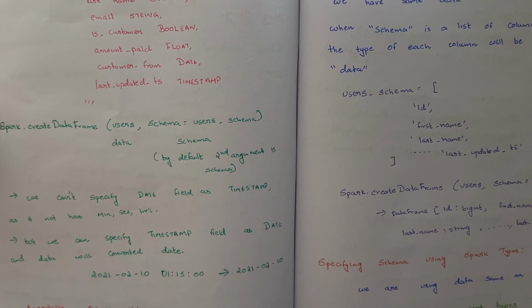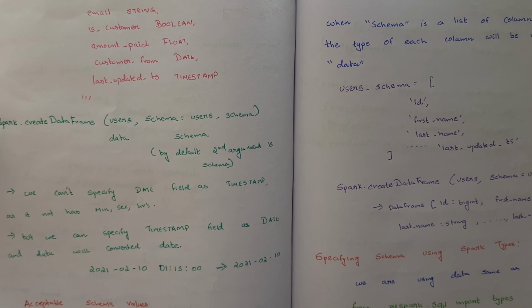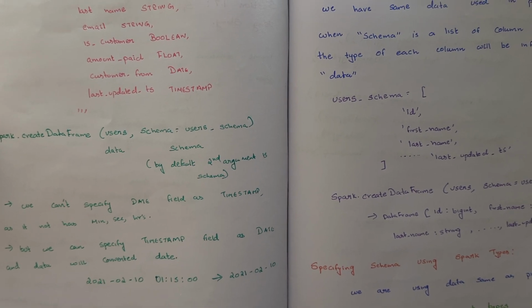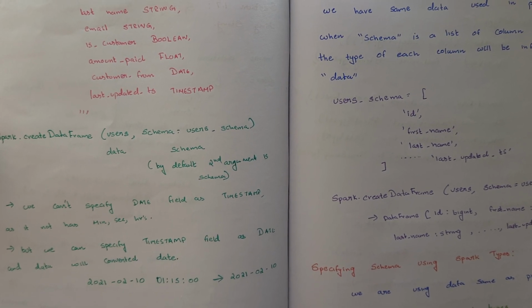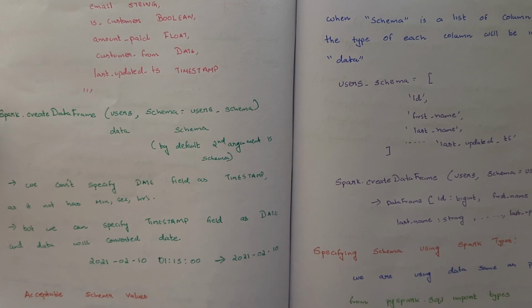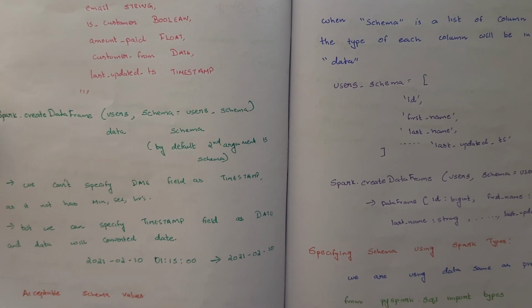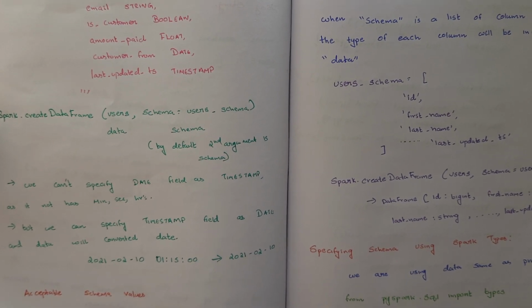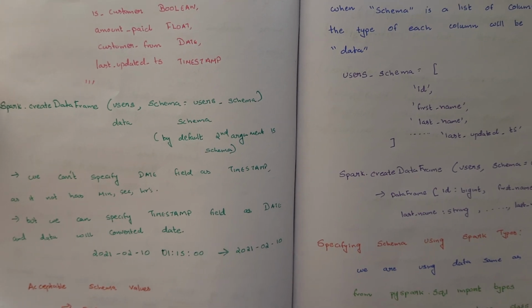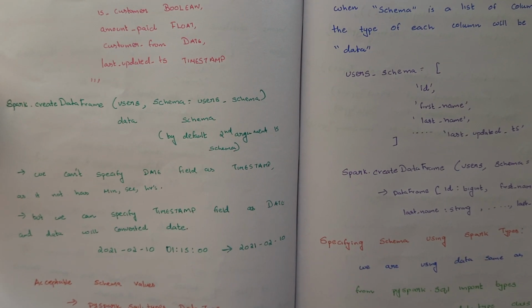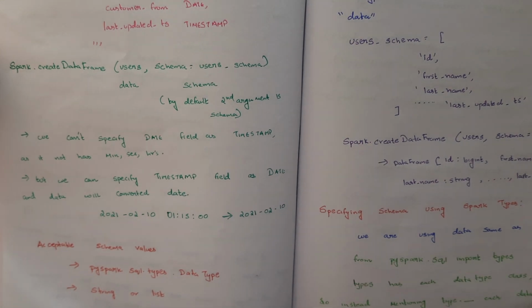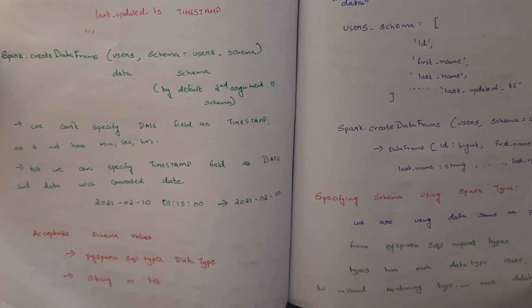But vice versa, we can convert the last updated timestamp to a date. We can provide the data type as date, so that a value like 2021-02-10 1:15:00 will be converted to 2021-02-10. So here it is compatible and acceptable.